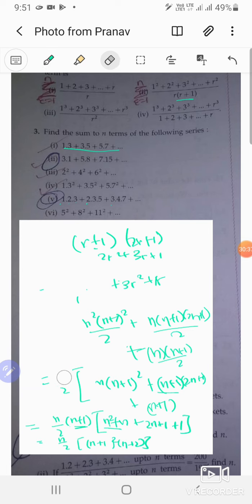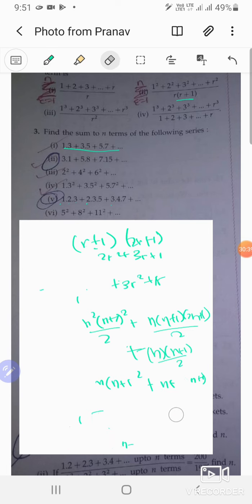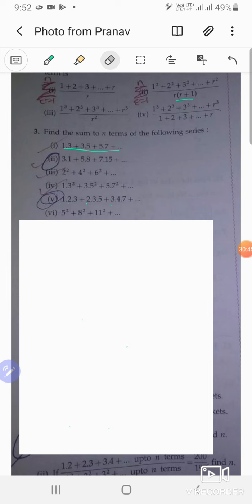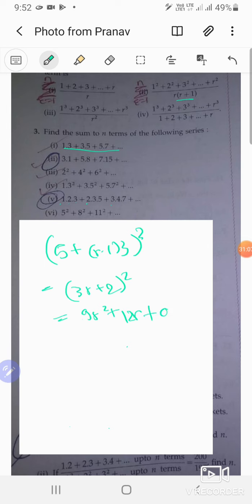Now all that is just tiresome and very long to do. So you got 5 squared plus 8 squared plus 11 squared. Can't believe it. So 5 to 8 you got a difference of 3, 8 to 11 got a difference of 3. So it's just like 5 plus (r minus 1) into 3, that thing squared, supposed to be equal to, you got 3r plus 2, so 3r plus 2 squared, which is 9r squared plus 6 times 2 is 12, 12r plus 4.